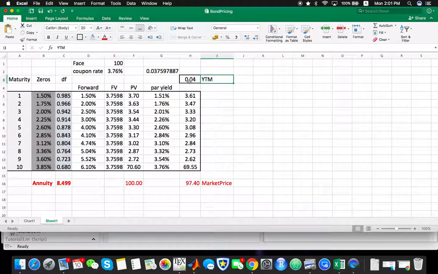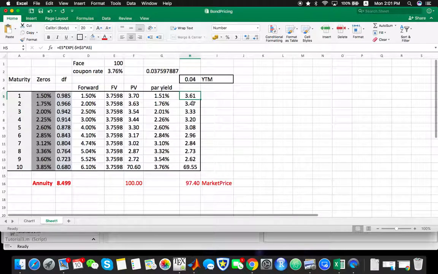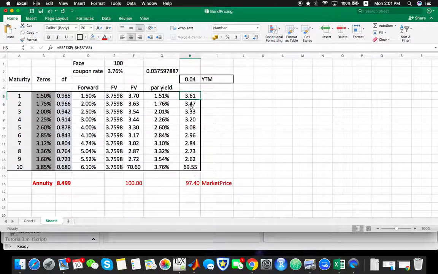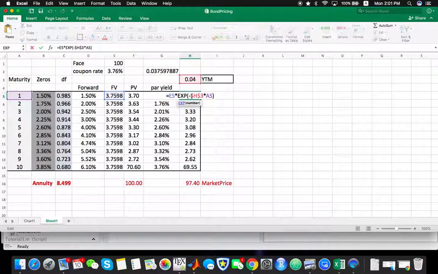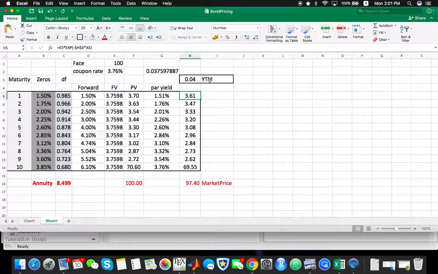And finally, you can notice the yield to maturity applies to all the cash flows, and when you calculate the discounted cash flows with respect to the same yield to maturity, the sum should be equal to the market price. Okay, so here this is just a hypothetical market price I'm writing, but if you want to make this equal to 100, then you need to reduce this yield a little bit more.